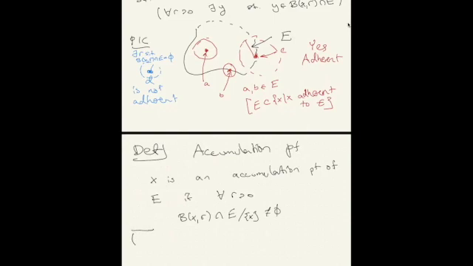So in other words, for every positive radius, there exists a y not equal to x, and this is where we make the condition slightly different, such that y belongs to the ball B(x, r) intersected with E.